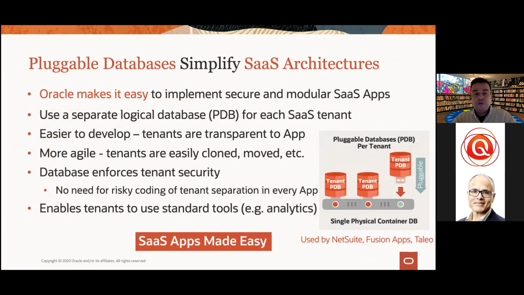But you can also develop and create your own software as a service deployments using the private cloud configurations. So we make it very easy because we also leverage the multi-tenant architecture, and you can consolidate at the pluggable database level.